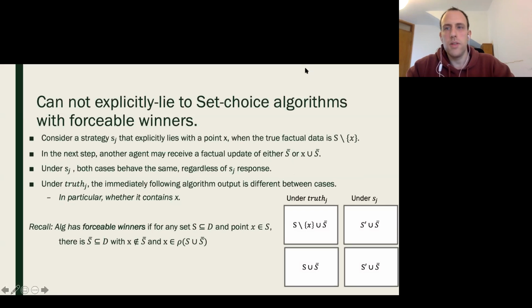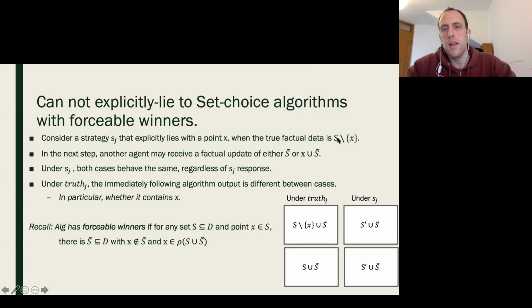So in general, why would a set choice algorithm with forceable winners not be able to explicitly lie without contradicting condition 2? Say there is an explicitly lying strategy, so there is some point X, which is not part of the data, that it reports at some time.